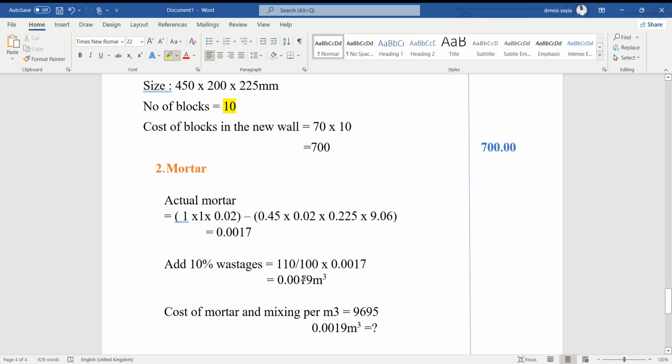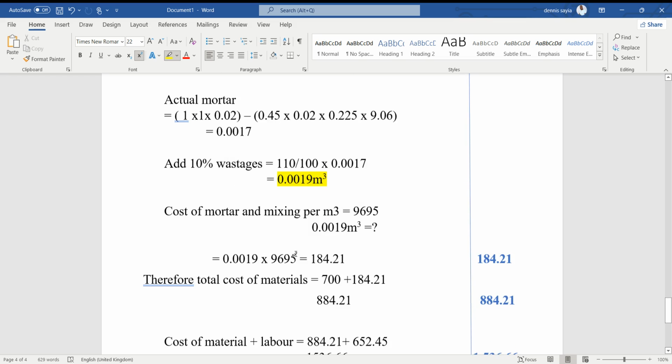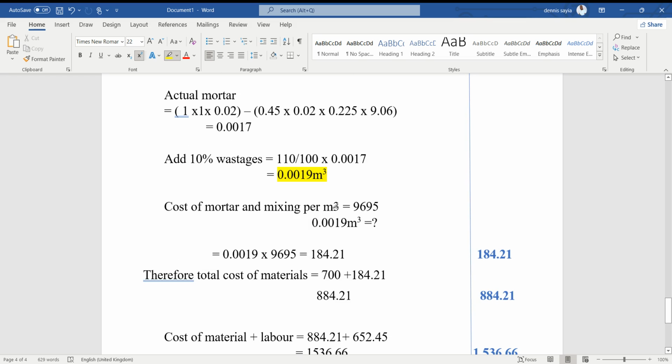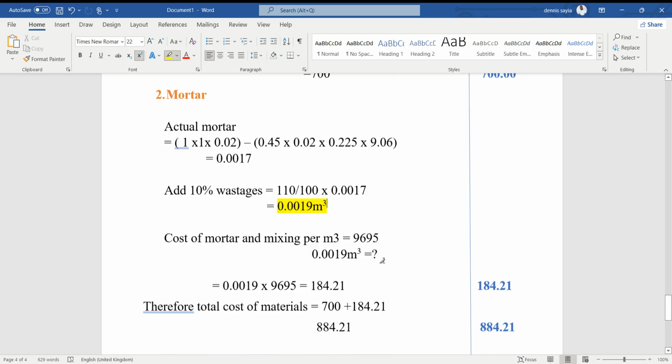Add 10% wastage, that one will give us 0.0019. The cost of mortar and mixing per cubic meter was 9,695. How about the volume that we found here for that mortar, which is 0.0019? That one will give us 184.21.